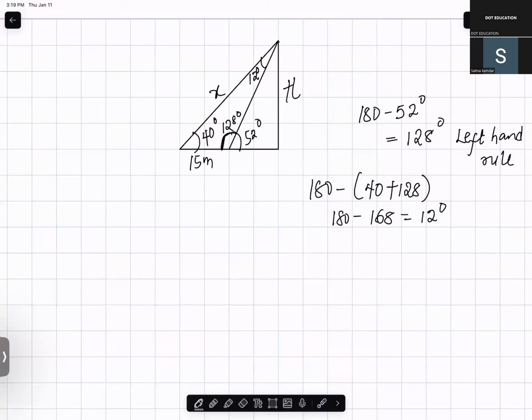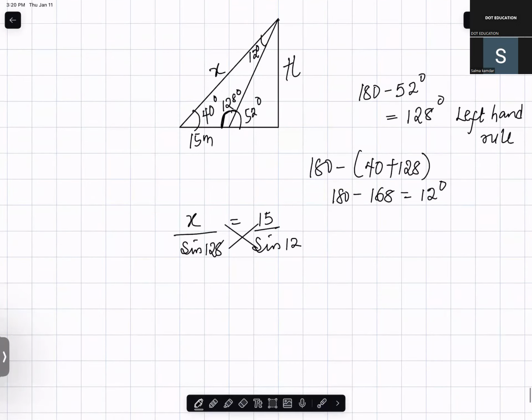So I'll have x over sine 128 equals 15 over sine 12. Cross multiply. We have 15 sine 128 equals x sine 12.